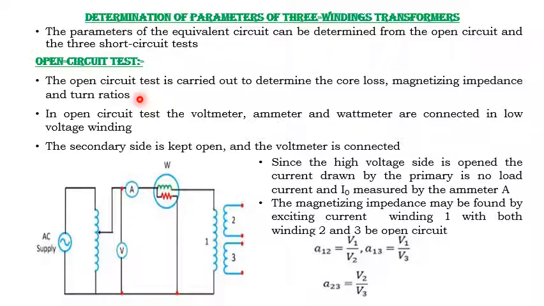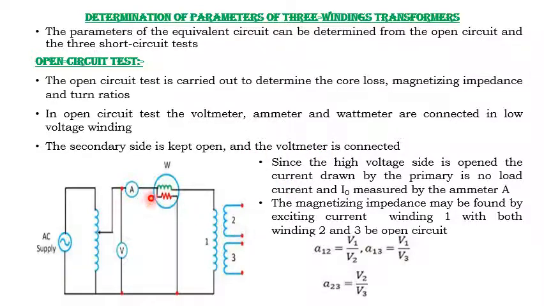You know how to conduct open circuit and short circuit test. So let us consider the open circuit test. In case of open circuit test, we determine core loss component, magnetizing impedance and turns ratio. For the circuit connection of the open circuit test, the meters, that is voltmeter, ammeter and wattmeter, are connected at the low voltage winding, and the secondary side is kept open so that a voltmeter is connected.